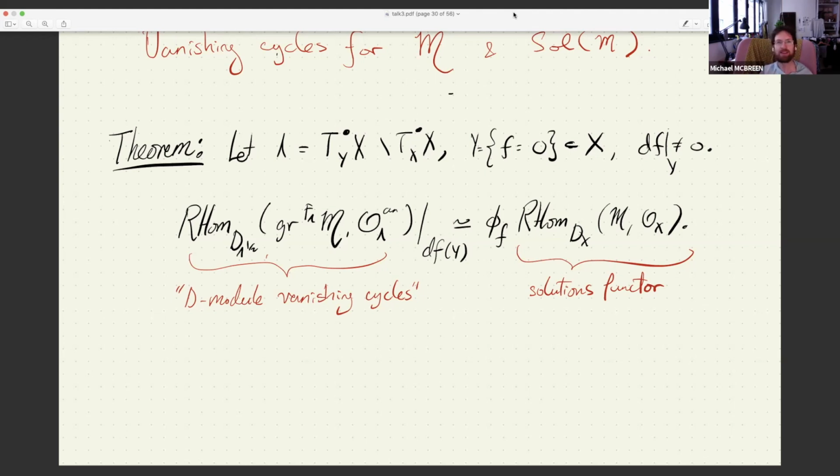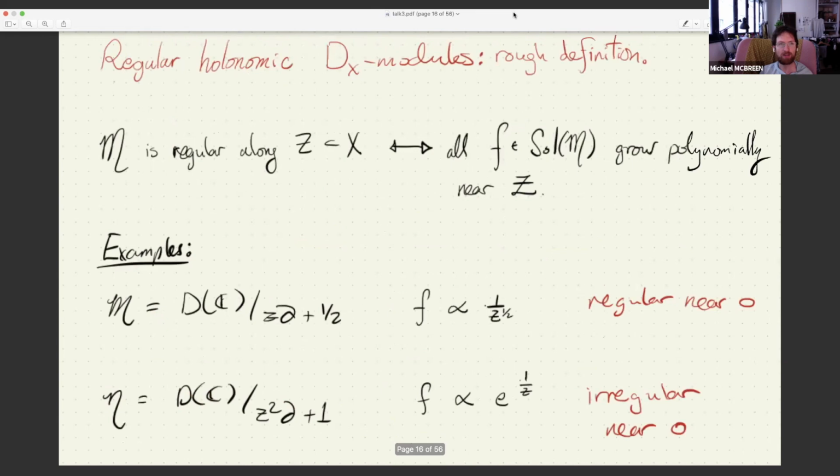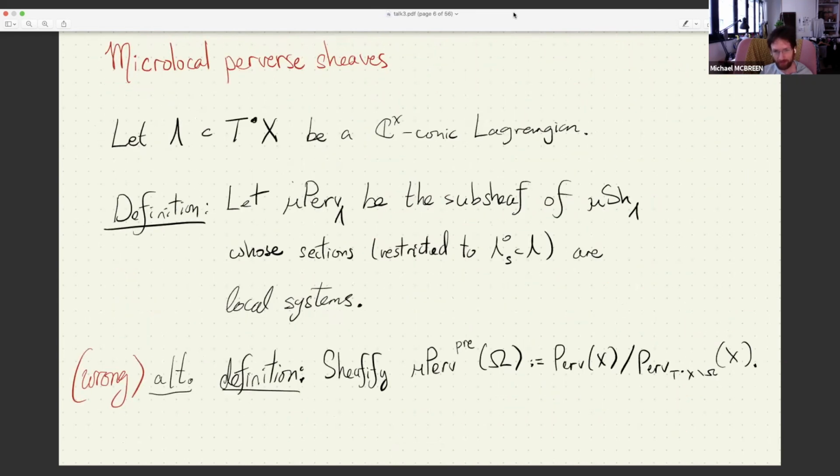Maybe actually, I should also mention some corrections to the previous talk. As Carrie pointed out last time, I had this alternative definition of microperverse sheaves, as the sheafification of perverse sheaves. And there were some objections to this, because it's not clear that it recovers the official definition of microperverse sheaves.